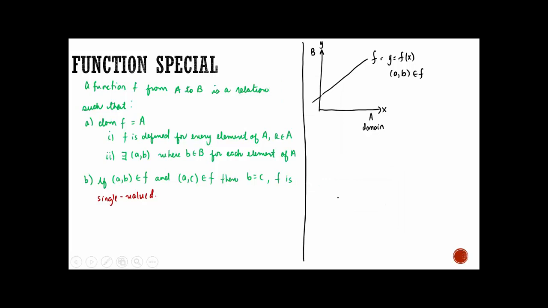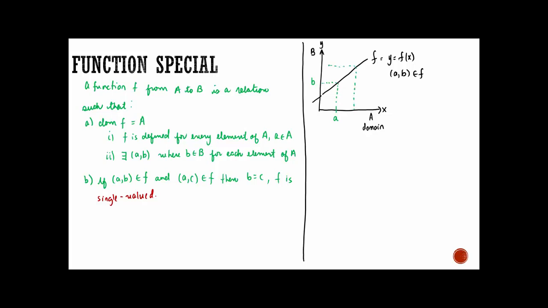means that if you have A here, then there's going to be a single value of B that is going to be the y value for A, which is the range value for A. And that will be true for any element in this function.